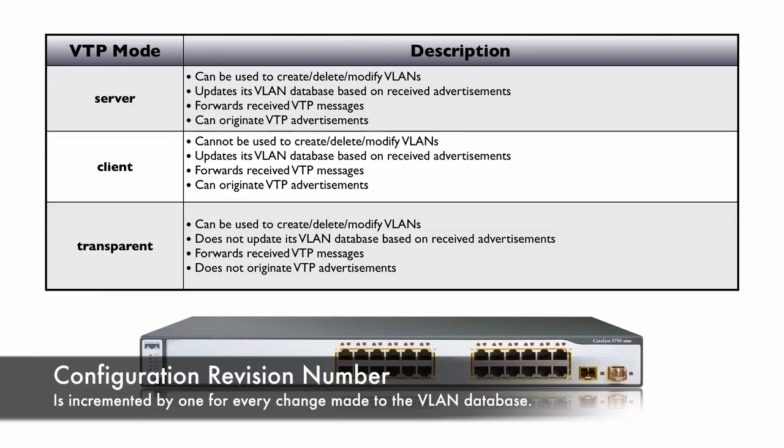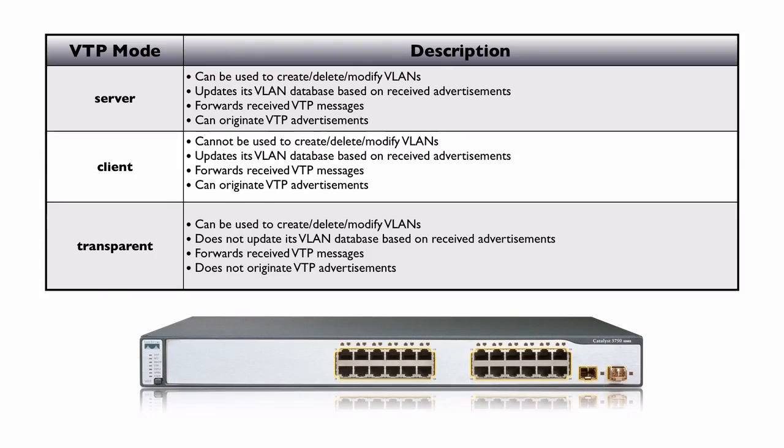If I'm a switch and I have a configuration revision number of 10 on my VLAN database, and I receive a VTP advertisement with a configuration revision number of 11, it's bigger than my number. Therefore, it must be newer. It must have an update that I don't know about, and I will update my VLAN database with the information that I just received.